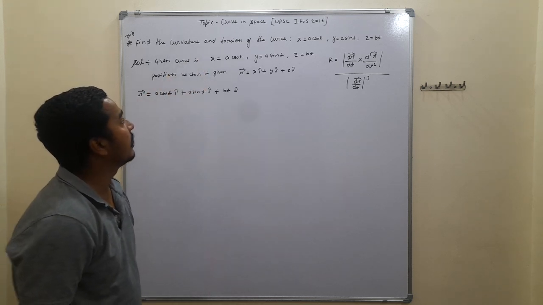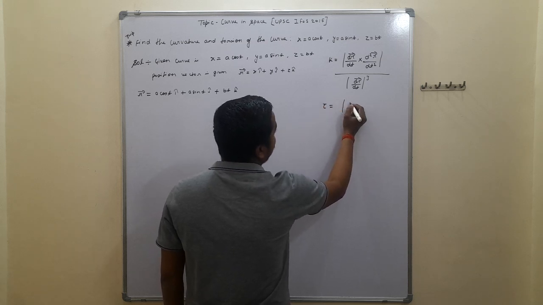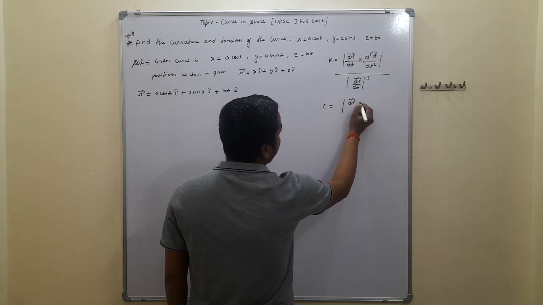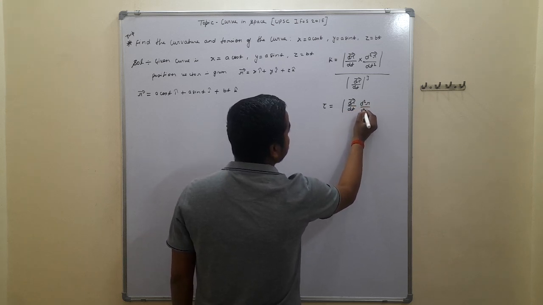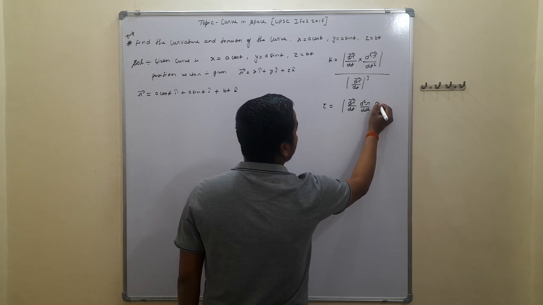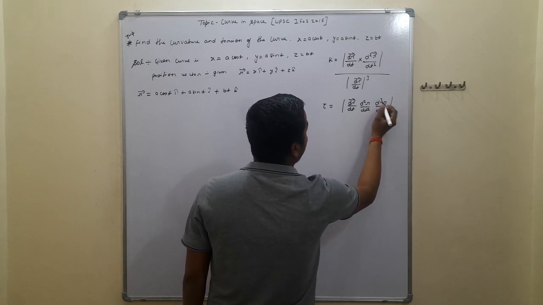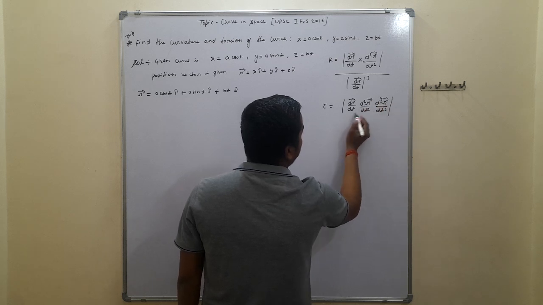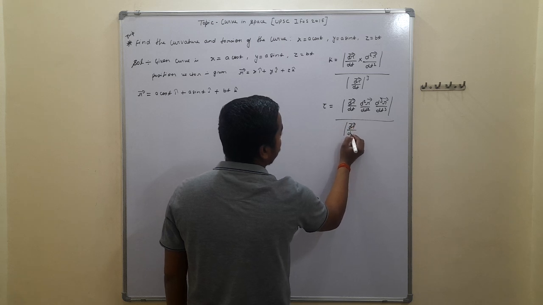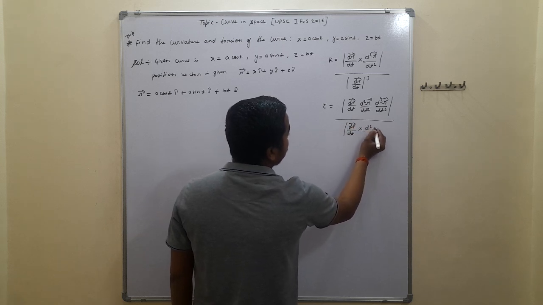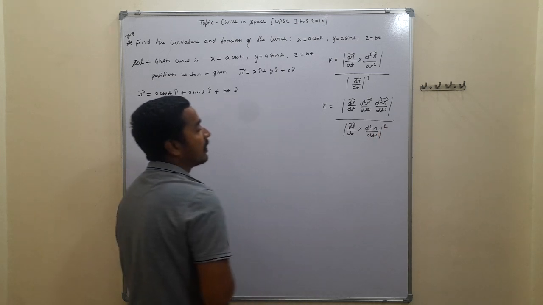The torsion is given by tau equals the mod of dr/dt, d2r/dt square, d3r/dt cube, this is the scalar triple product, upon the mod of dr/dt cross d2r/dt square whole squared.